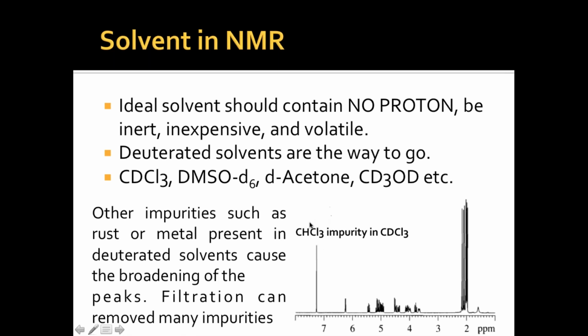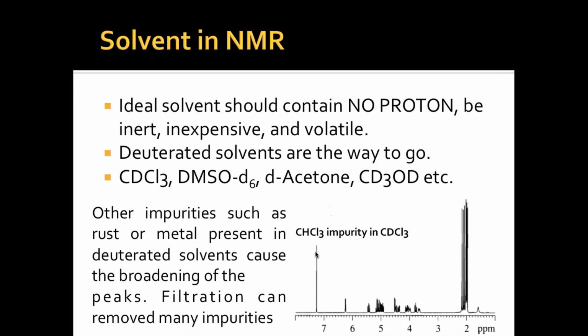So CHCl3 is an impurity. Now this CHCl3 will show up at 7.24 or 7.26 in your spectrum. See this peak at 7.24 or 7.26. This is the reference peak.